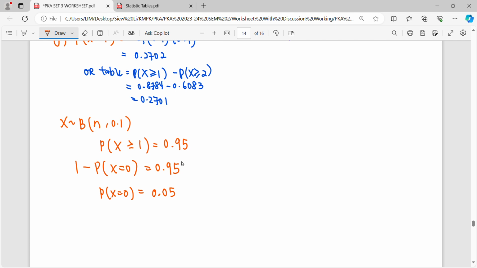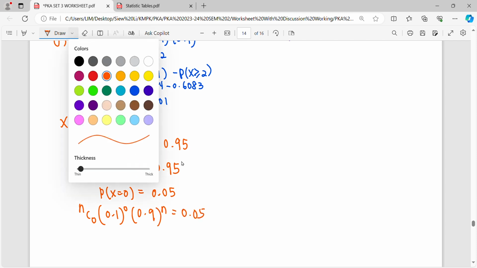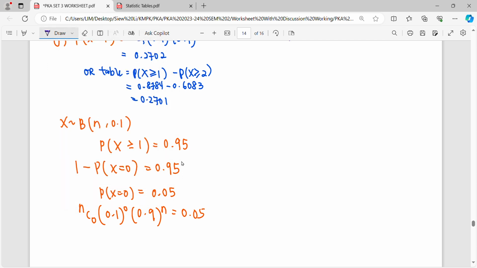If X equals 0, it will be nC0, then p is 0.1 to the power 0, q is 0.9 to the power n. nC0, you can try pressing your calculator. 3C0, 5C0, anything C0 always equals 1. 0.1 to the power 0 is also 1.